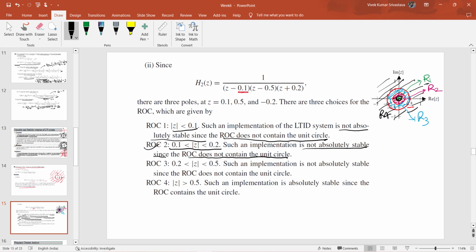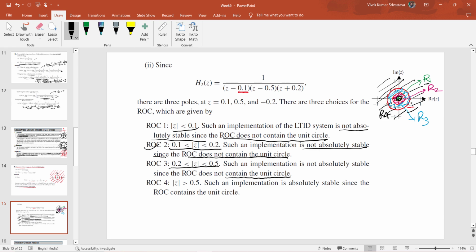In the third case also, z lies between 0.1 and 0.5, and the ROC does not contain the unit circle, so in this case as well the system is not absolutely stable.